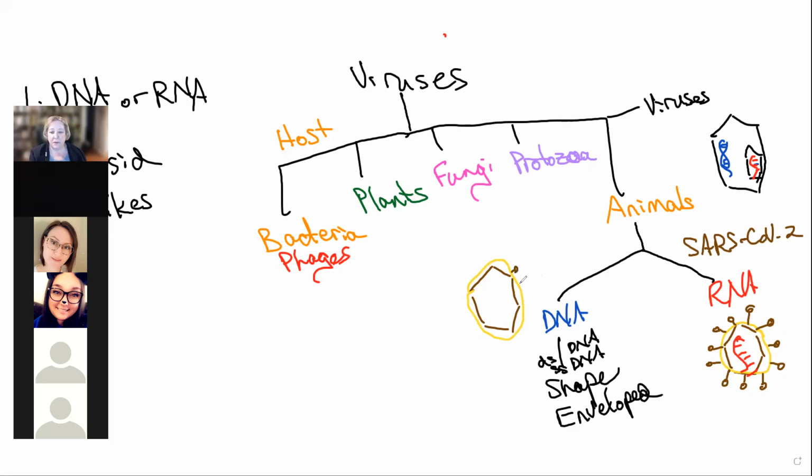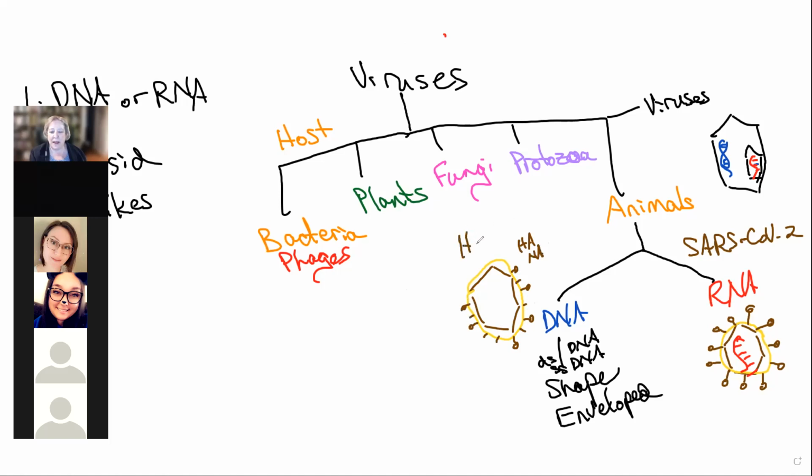But influenza has these mushroom-shaped spikes that we call hemagglutinin, so they're H or HA. And then we've got these funky, more column-like ones. Those we call NA. Those are the NA.